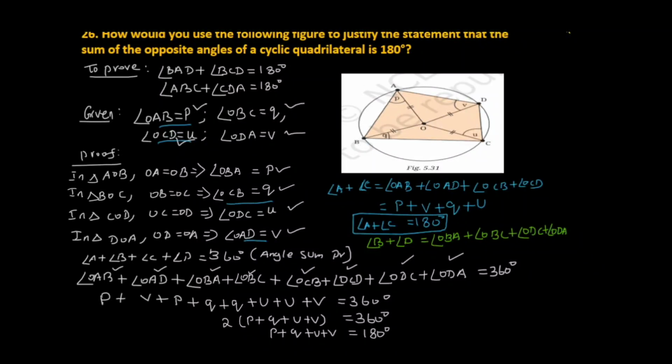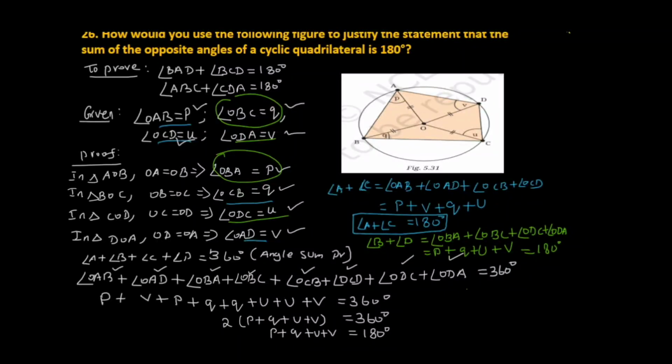Now replace: OBA is P, OBC is Q, ODC is U, ODA is V. Once again, P plus Q plus U plus V is equal to 180 degrees.